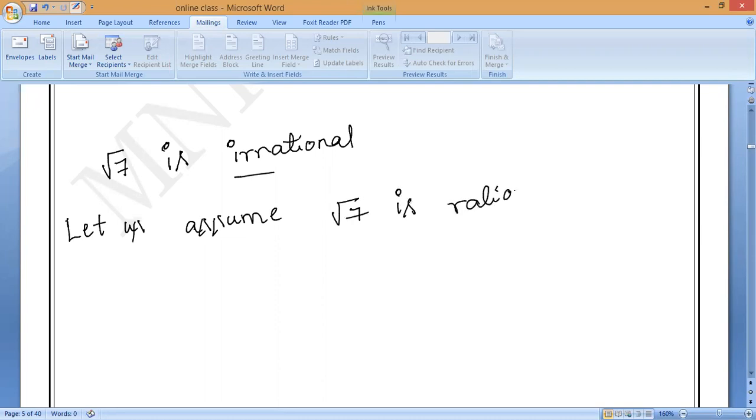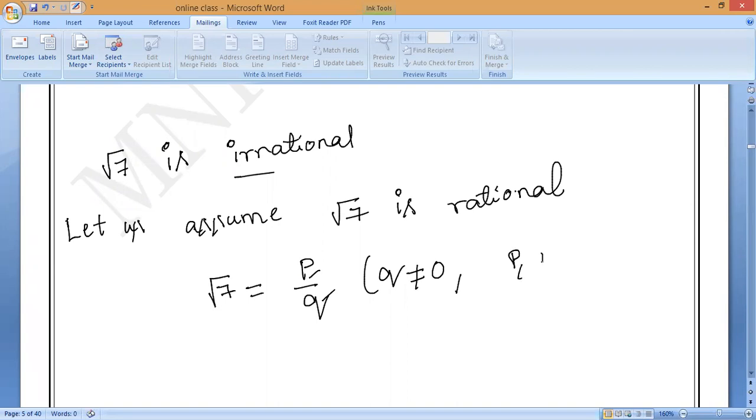What is rational? Root 7 is equal to P by Q, where Q is not equal to 0. And what are P and Q? P and Q are co-primes. Very good.